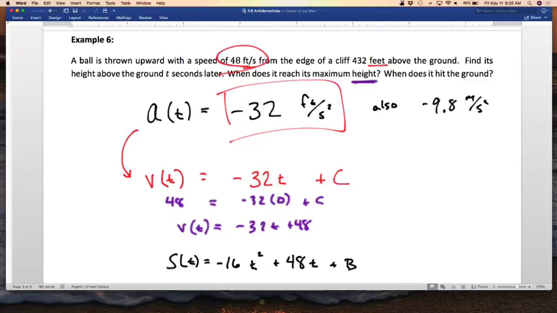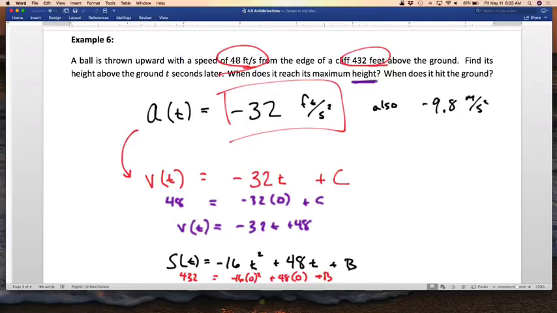I'm going to call it b this time, just to change things up. And so our last piece of information is going to tell us what that is. Our initial height, where the ball is thrown from. So at time 0, the ball is at a height of 432.